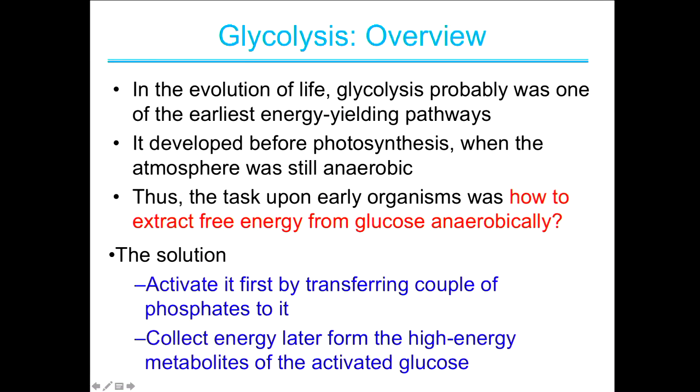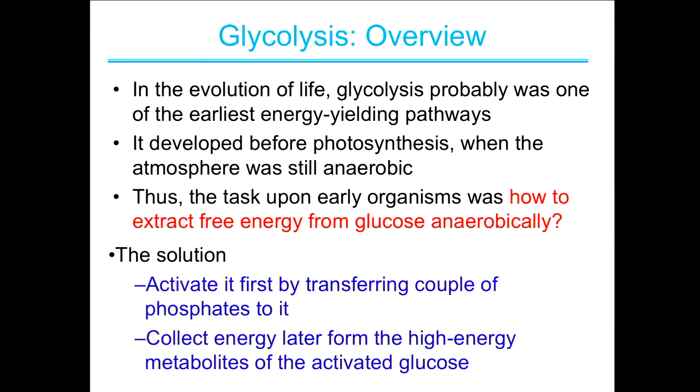Why is it so central? Why is it found everywhere? Why is there so much flux going through it? Well, way back, not a few weeks or a few months, but probably about 3 billion years ago, this was probably a key pathway helping to produce energy. And it worked. If it worked, you keep it.